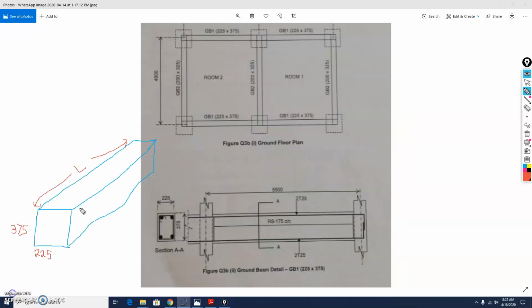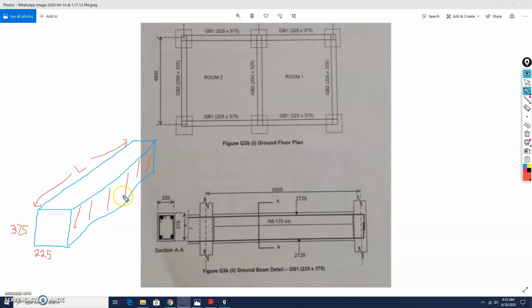0.375. Basically, your inner and outer is located at the side of your beam here. So we are going to determine the area of the formwork here. So that's why the length you need to multiply with the depth here, 375.